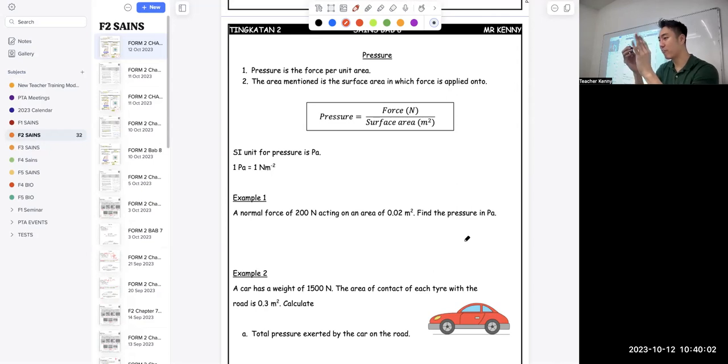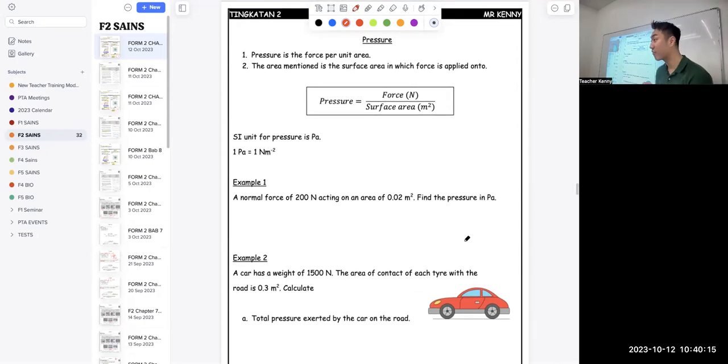So now, force can be the same, but when I change the surface area, I create a different thing called pressure. Understand? So that is why for a knife to be sharp, the surface area has to be thin.